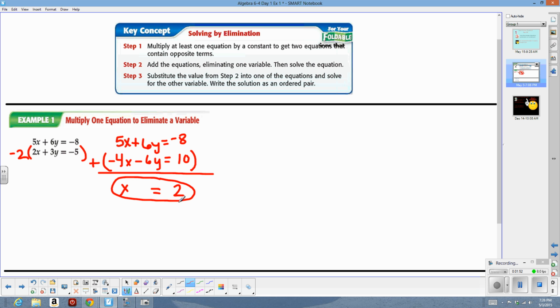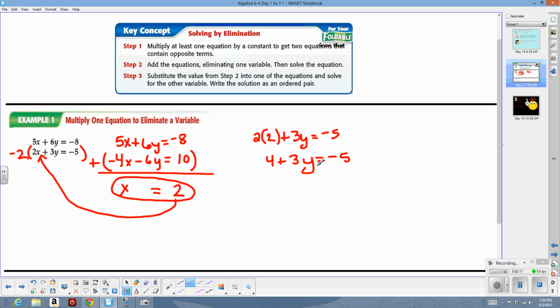Now I'm going to plug this into one of the equations. I'm going to go ahead and plug it into this bottom one, substituting 2 for x. So 2 times 2 plus 3y equals -5. 2 times 2 is 4, plus 3y equals -5.